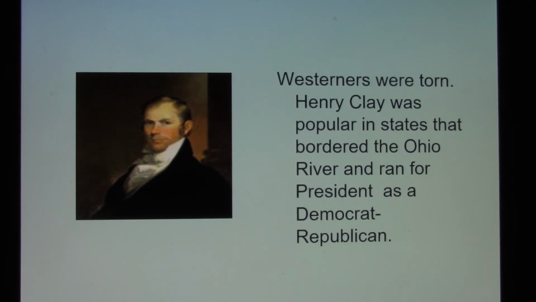Henry Clay was from out west, and many of the western states were dissatisfied with an Easterner like Adams and an Easterner like Crawford. A Western caucus is going to get together, and those states that border the Ohio River are going to nominate Henry Clay. So now we've got three candidates: Quincy Adams, a Federalist; Crawford, a Democrat Republican; and Clay, a Democrat Republican.